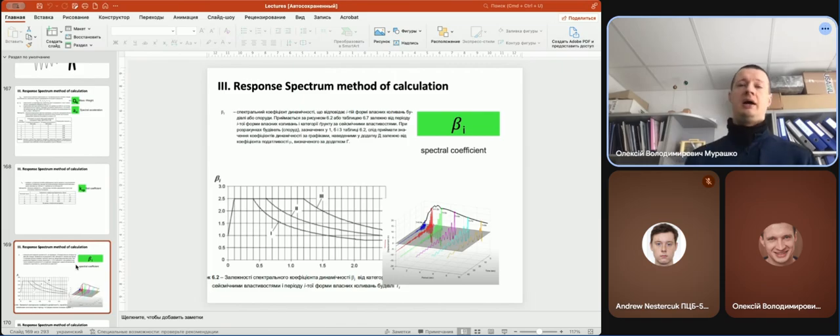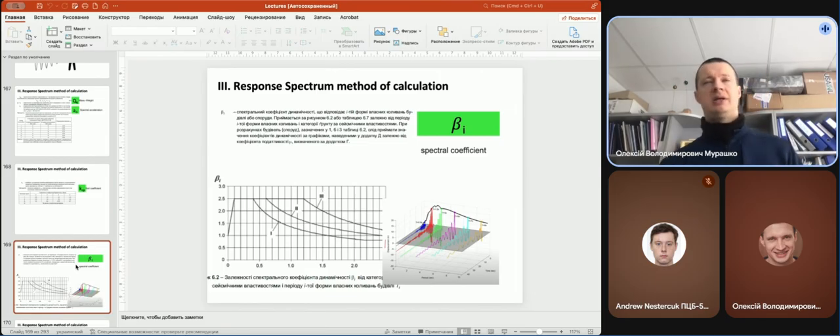This coefficient describes the nature of seismic impact on the mass, because when we are considering the equation according to the second Newton's law, we see that multiplication of mass by acceleration is like a static force, but the dynamic effect of vibration can be described with the beta coefficient.